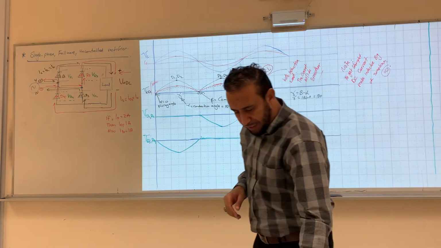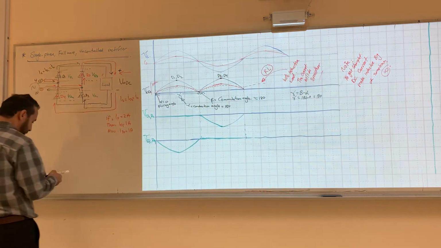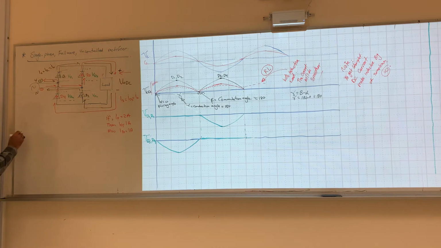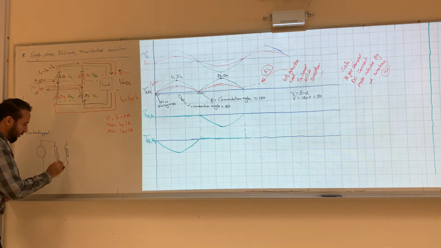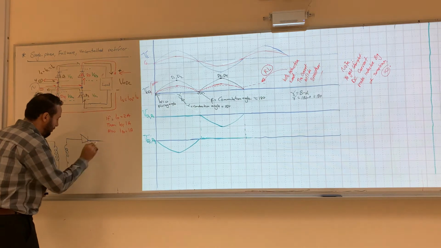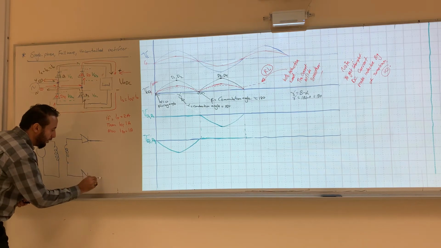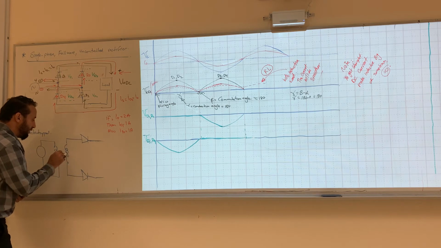Let me just go over the center tab quickly. If I put the center tab right here, I will have a source, then a transformer, and then a power diode right here, and then you will have a center tab.